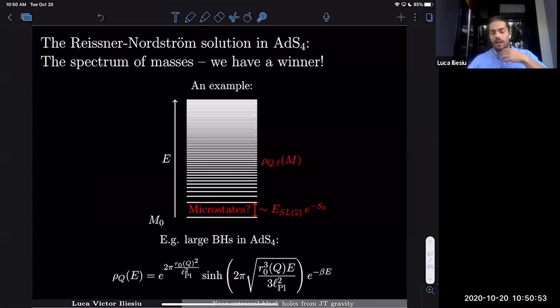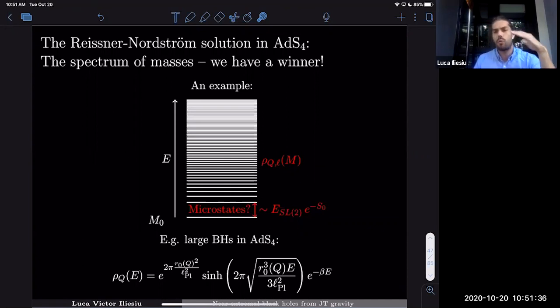Okay, so for the spectrum of masses, we have a winner. If I look at the spectrum of black hole masses as a function of Q and L, in principle, I see no gap. I see a continuum. But here we can extrapolate up to what scale, because we know that the spectrum should actually not be a continuum if we think that black hole microstates exist. So there should be some corrections to our results. We can look at the scale at which the things that we neglected, like the massive Kaluza-Klein modes or the potential in JT gravity, come in.